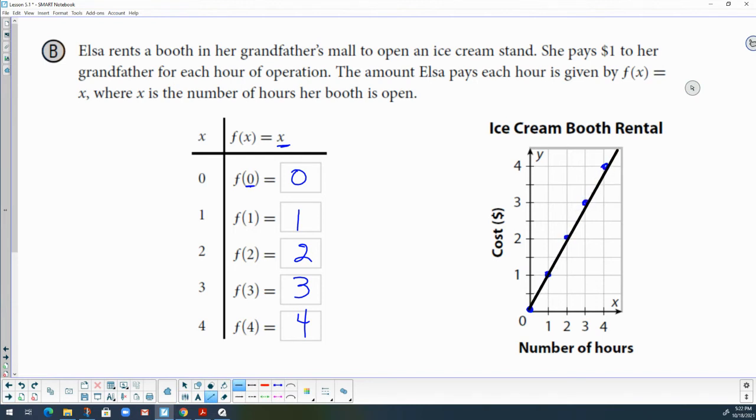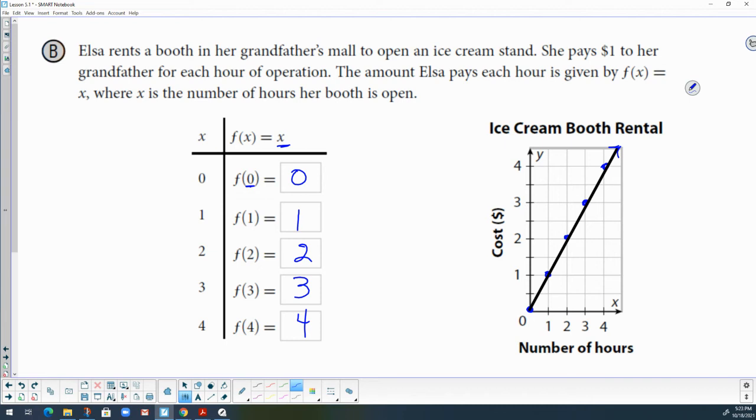So that's why this is a continuous graph, because she doesn't have to be open for a full hour. She can be open a quarter of an hour. She can be open a half an hour. So depending on the number of hours she's open, she's going to have to pay rent on her ice cream booth.